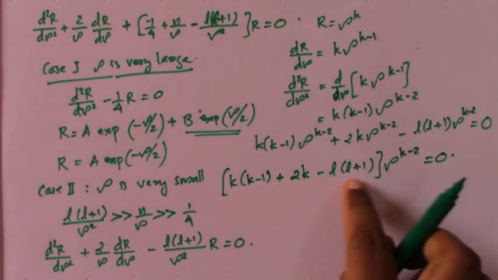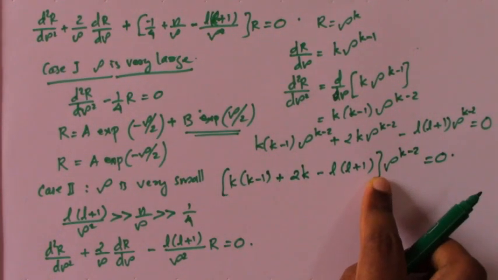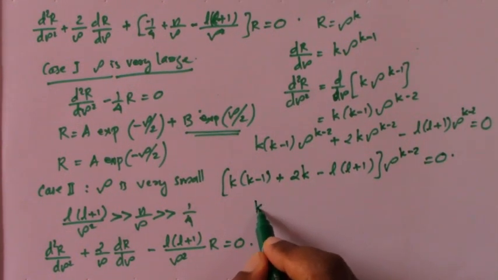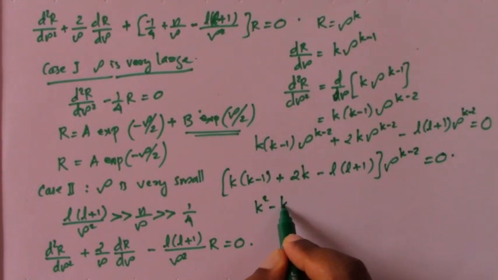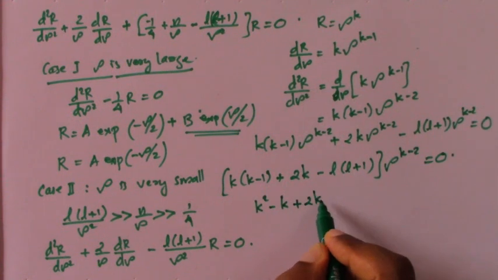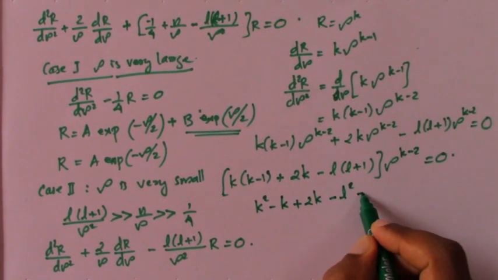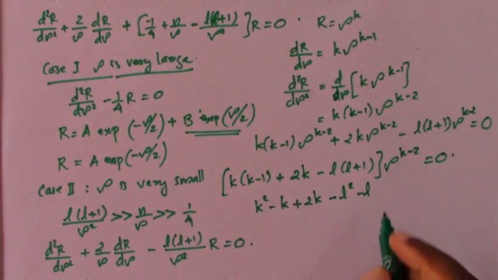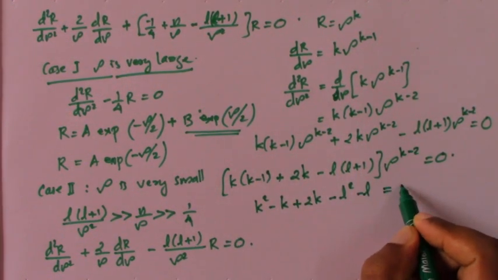It means that the quantity inside the bracket is 0. So we can write k² − k + 2k − L² − L, that is the expansion of the quantity inside the bracket, and that will be equal to 0.